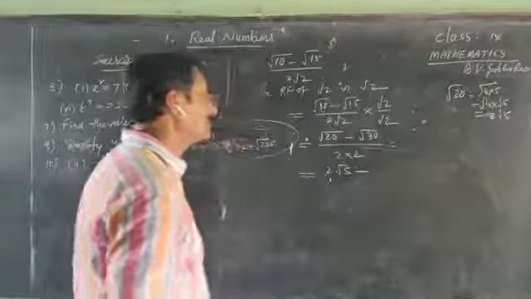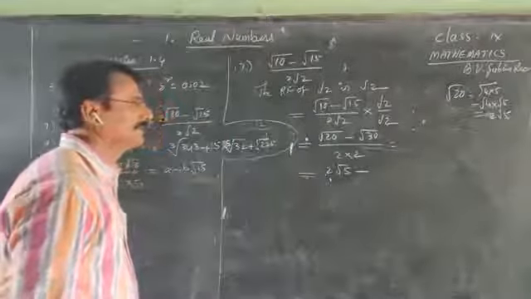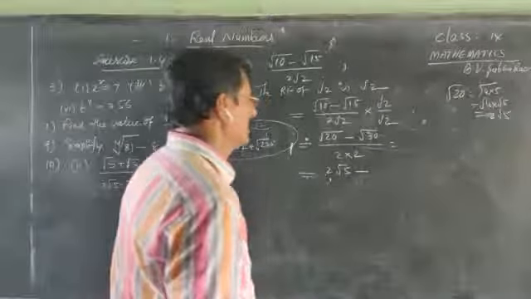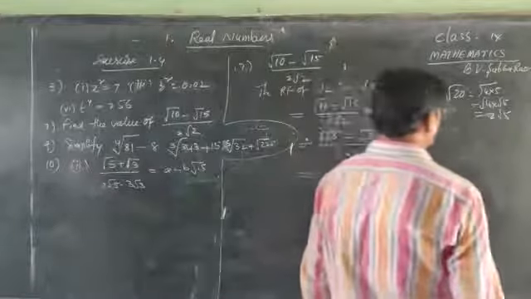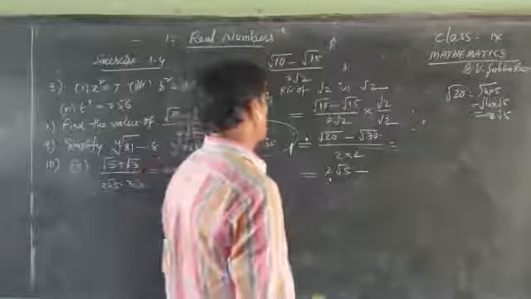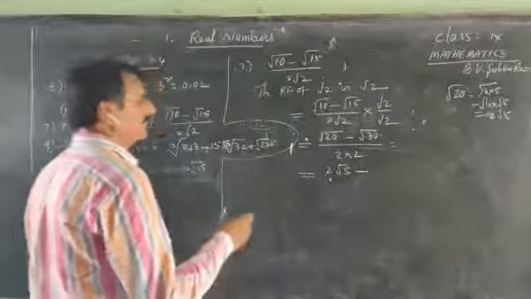Is it possible to write 30 as a product, 6 into 5? 30 is wrong, I think.